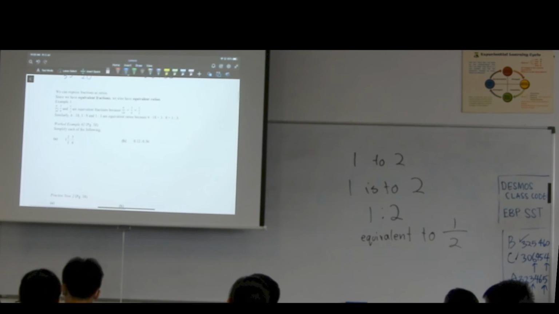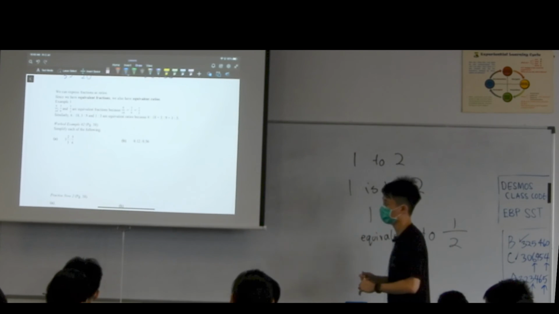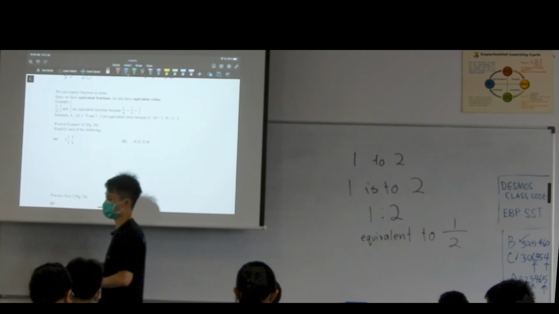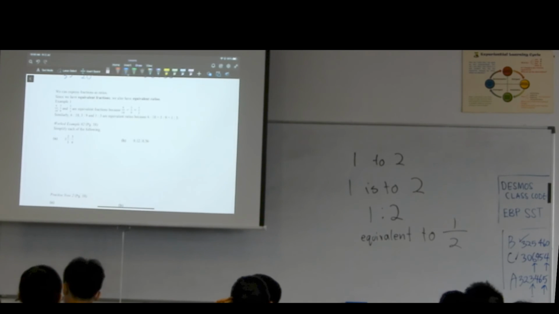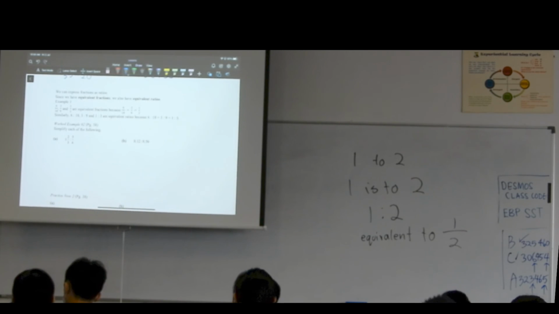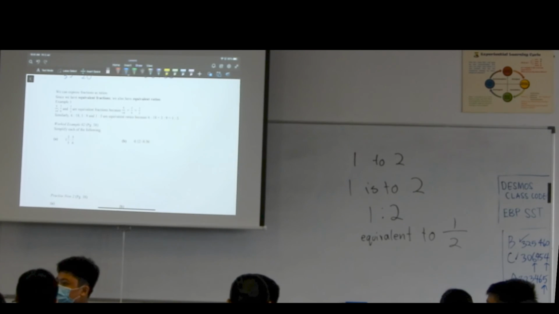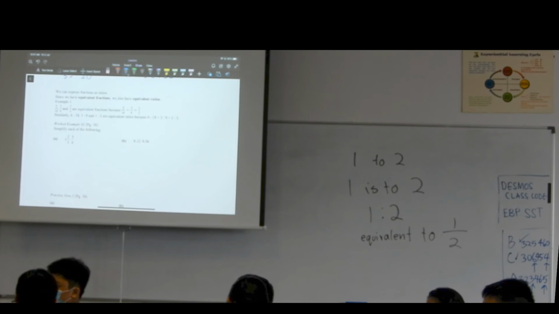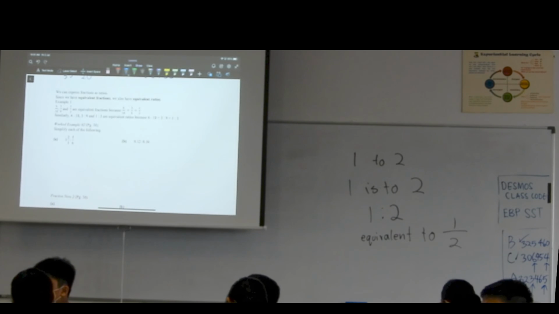Okay, I will show you very quickly how to simplify such examples. The first step to always simplifying numbers, fractions, or anything is to make sure they are integers. What is integers? Quick fire. What is integers? 3, 2, 1. What is integers?